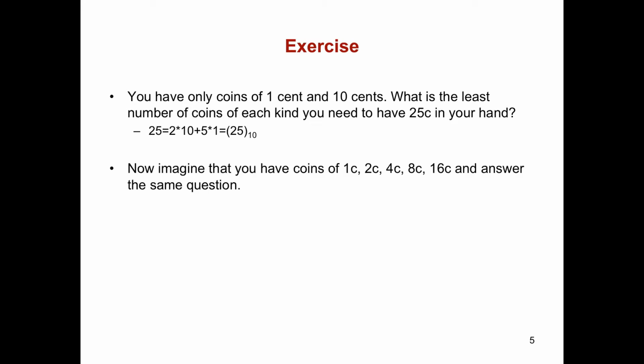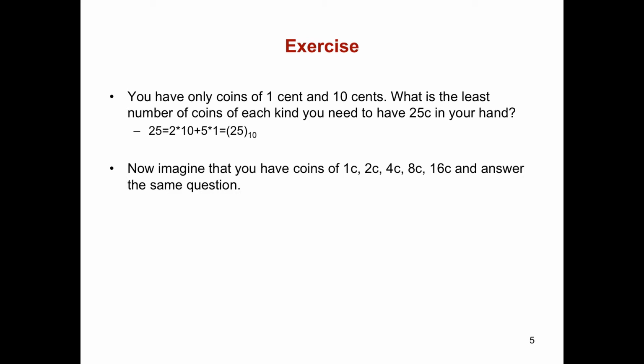Now imagine that you have coins that are 1 cent, 2 cents, 4 cents, 8 cents, 16 cents. How would you do that? 16, 8, and 1. You look at the 16 you can fit. Can you do 2 times 16? No. So you can't go with 32 as a power of 2. These are actually powers of 2, just as 1, 10, 100, 1,000 are powers of 10. So I have 1 times 16.